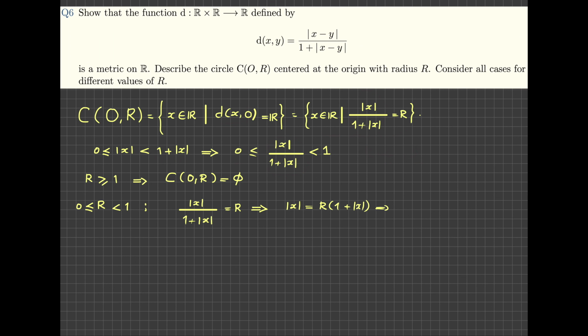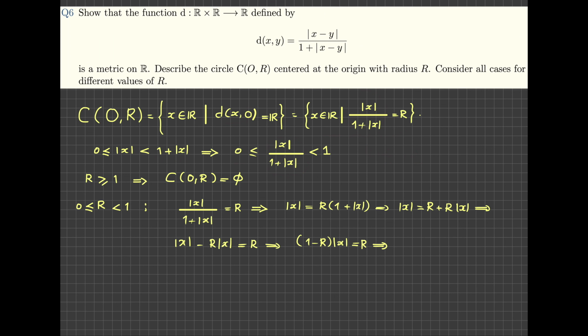Then absolute value of x is equal to R plus R times absolute value of x. I move the second term to the left. It becomes absolute value of x minus R absolute value of x is equal to R. I factor absolute value of x out.